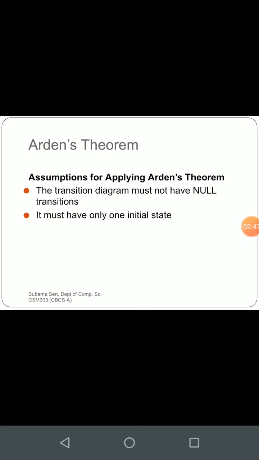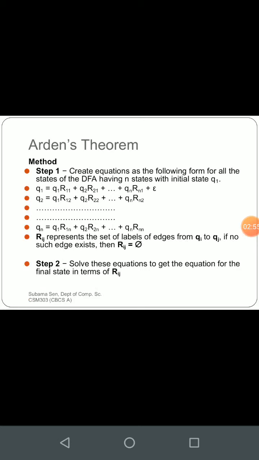It must have only one initial state. In most cases, finite automata have only one initial state. Okay. Next, if our automaton is given, how will we find the regular expression? I am just reading out the steps, but I think it will be much clearer when we move to the example. For now, let us concentrate on this.